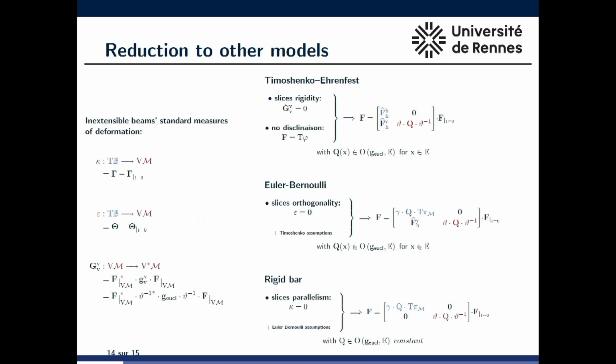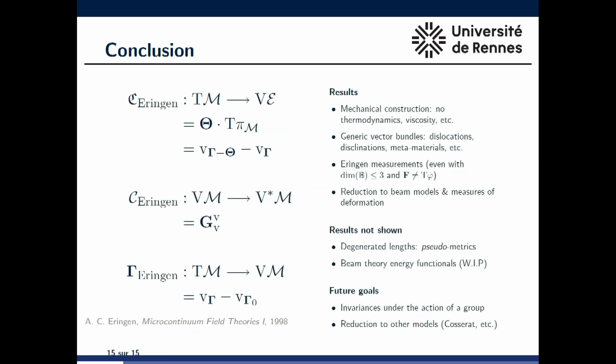We can also retrieve the Eringen measure of deformation in his microcontinuum field theory, which is a 3x3 fiber bundle. And just as for the beam model, we don't have to assume what we do if you want to retrieve Eringen, but we can generalize it to the case where F is not a gradient.